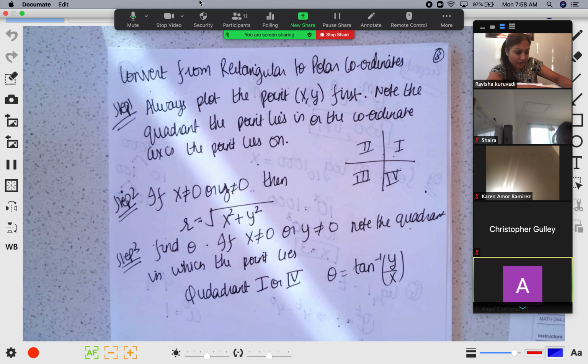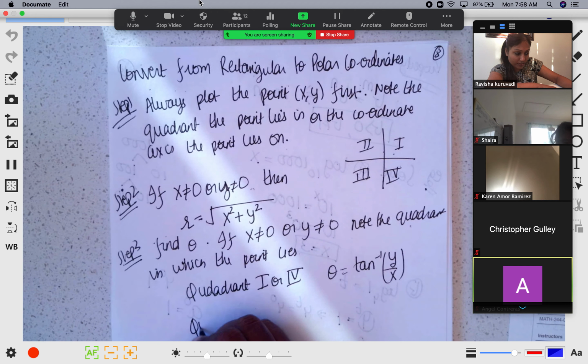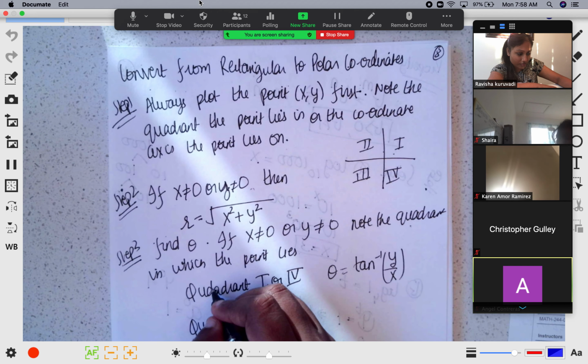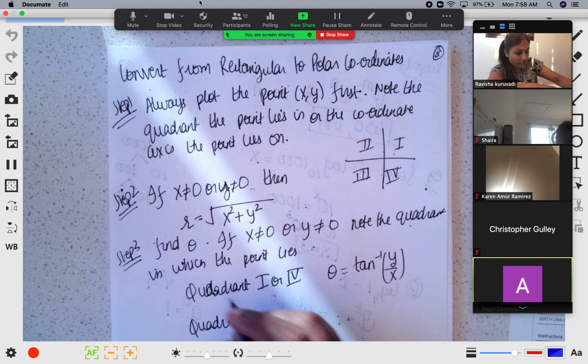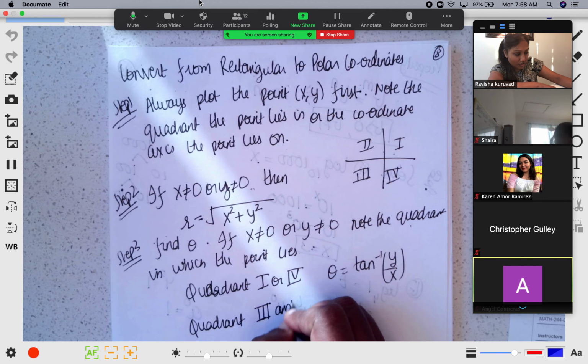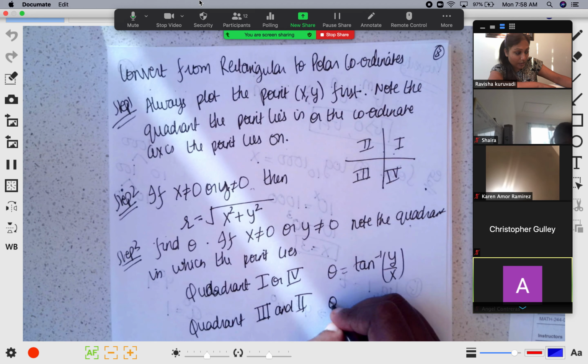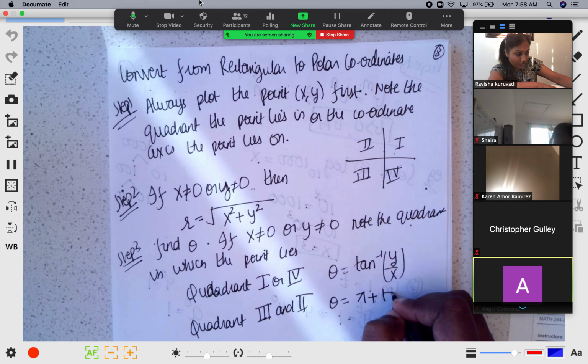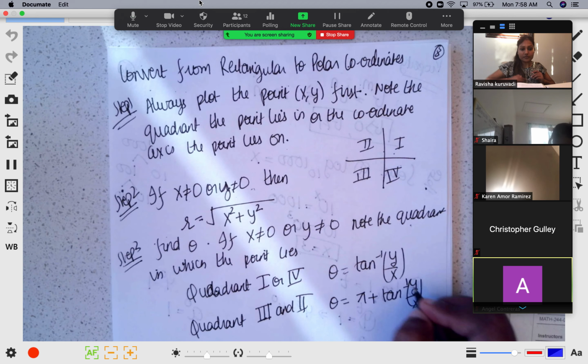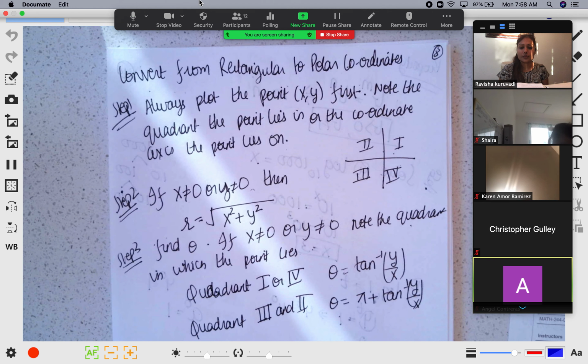But if it lies in quadrant 2 or 3, you're going to add pi to the tangent inverse of y over x. That's how you find your theta.